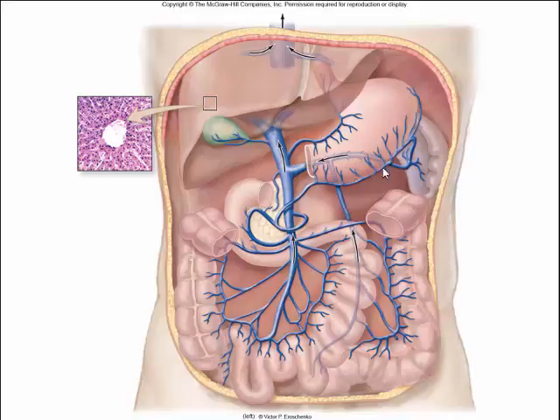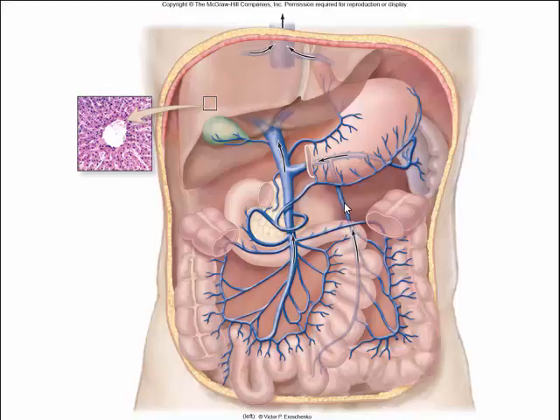Here are the gastric veins. They also drain into either the superior mesenteric vein or the hepatic portal vein. So we have lots of mesenteric veins. Most of these will coalesce into the superior mesenteric vein or the inferior mesenteric vein.